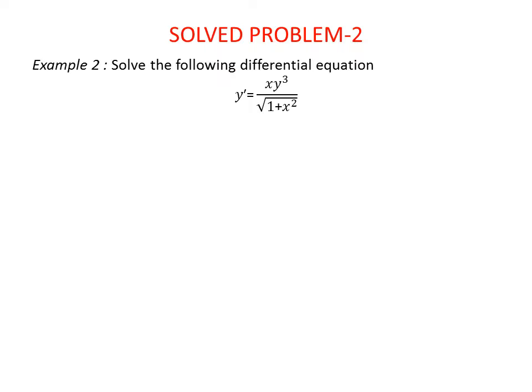Now example 2. Solve the following differential equation: y prime is equal to xy cube divided by under root 1 plus x square. Here y prime represents dy by dx. This is another representation of the derivative.